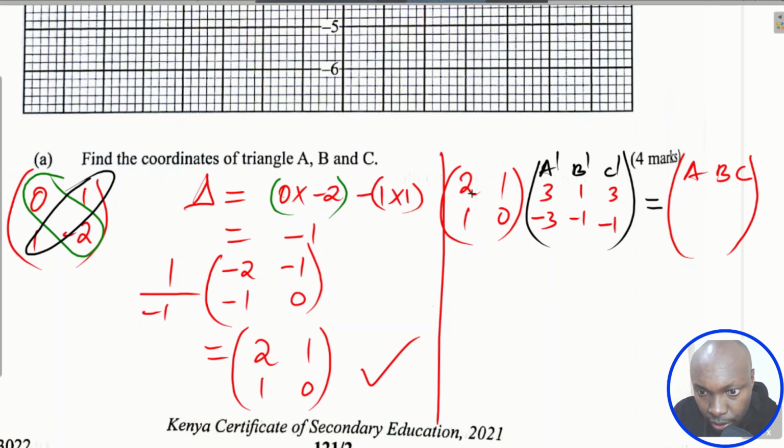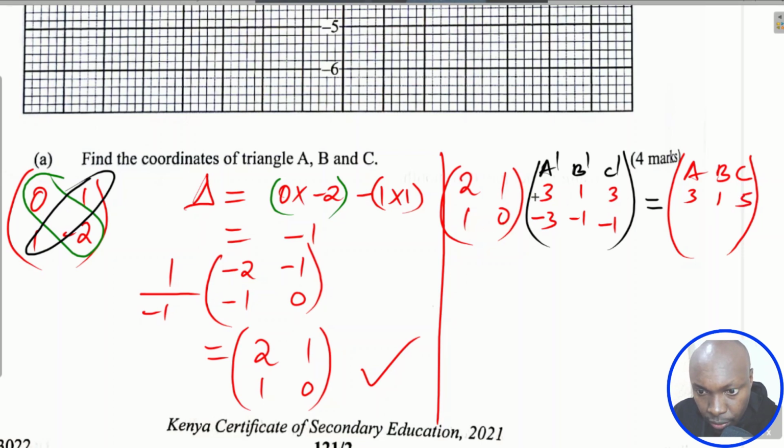So the first row will be 6 minus 3, so this one will be 3, and this one will be 2 minus 1, this will be 1, and then this one will be 6 minus 1, this will be 5.